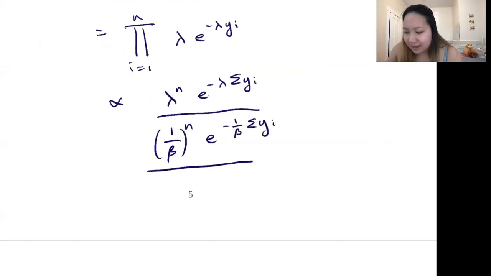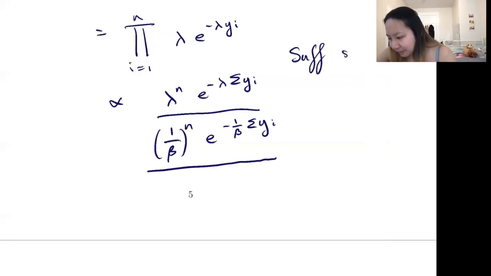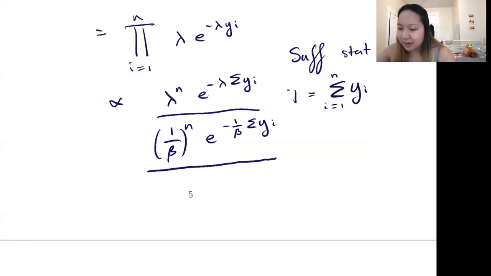If you look at this, our sufficient statistic is the sum of Yi, which is equal to our total time T. So our maximum likelihood estimate is going to be a function of the sufficient statistic.